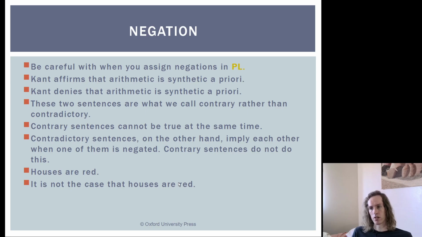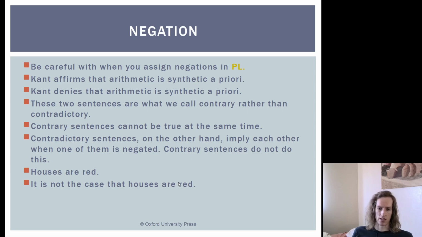So you should be careful when assigning negations in predicate logic, because negations in predicate logic have a kind of specific meaning. The example that was given in the text is these two sentences here, where the first one is Kant affirms that arithmetic is synthetic a priori, and the second one, Kant denies that arithmetic is synthetic a priori.